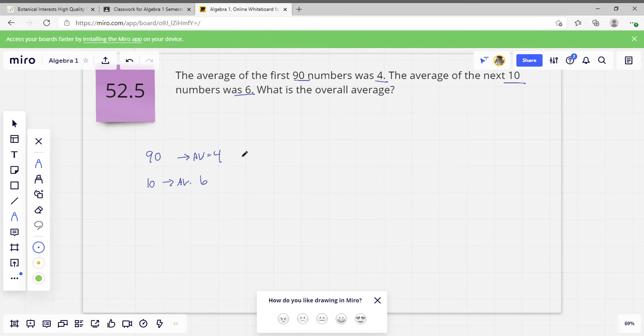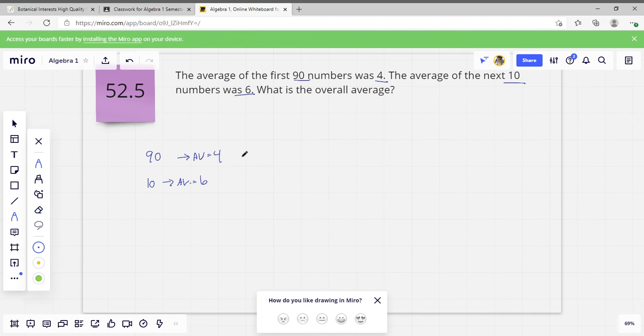Okay, we can't just add 6 and 4 together and get 10 and then divide by 100. If we did that, we would get 10. Well, let's just say we added the 6 and 4 together and we said our average was 10. That's not going to come out right. What we have to do is kind of work backwards.